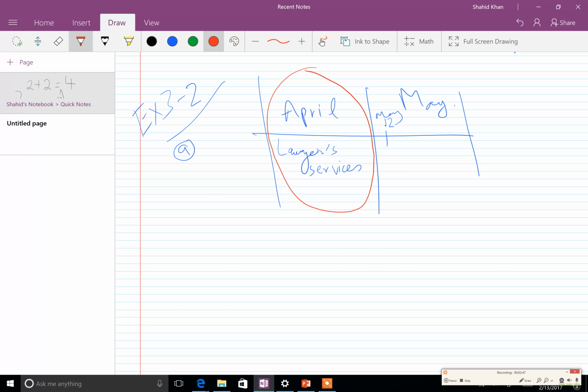At the end of the month of April, on April 30th, you're going to book something called an adjusting entry. Why are you doing an adjustment?